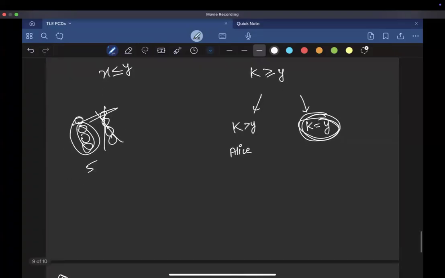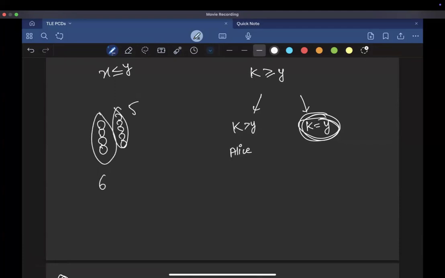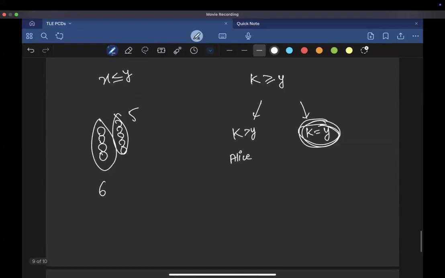Okay. If you have four stones here and five stones here, then you can just remove all of these five stones. Now Bob will have to remove six stones, and he can't remove six stones from here.